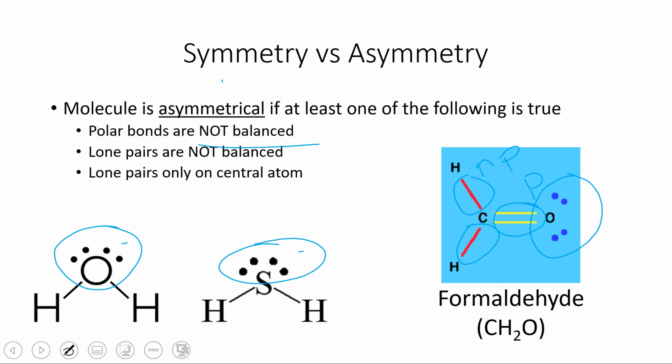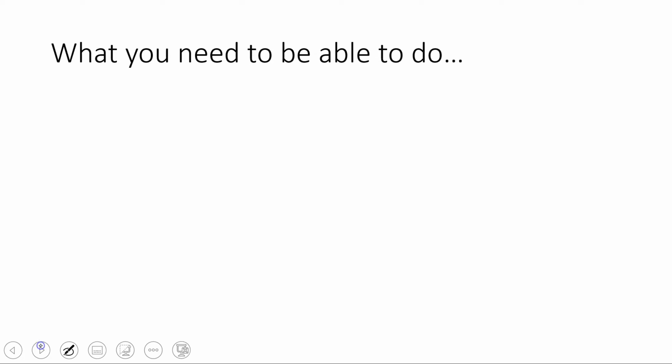So we have an imbalance in those charges. So asymmetry is really referring to, do we have a region of that molecule that is more negative than the other half of that molecule? If that's yes, we have asymmetry. Asymmetry means polar.